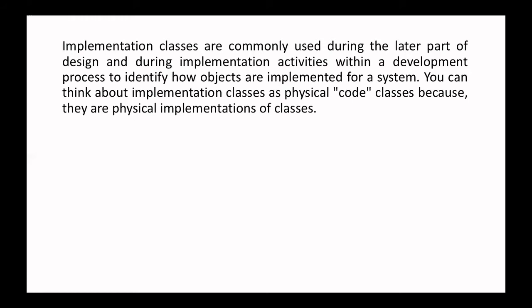So first we focus on the objects and how they work for a system, and how objects are implemented for a system will be done by the implementation of classes, and classes are implemented by code in a physical manner.